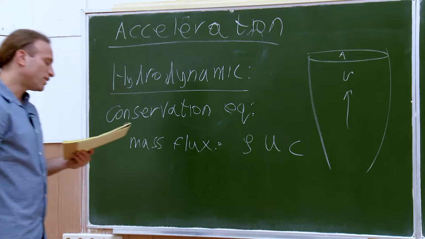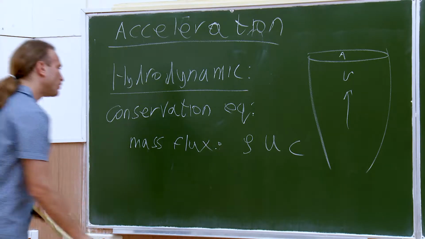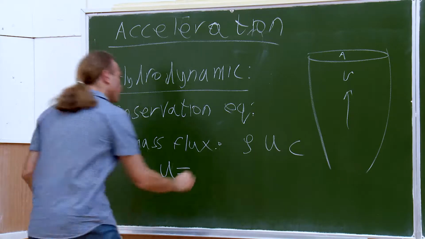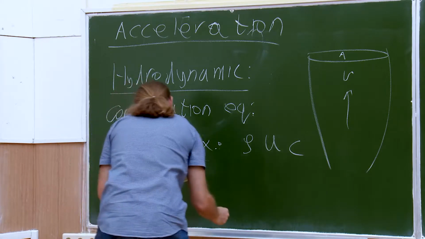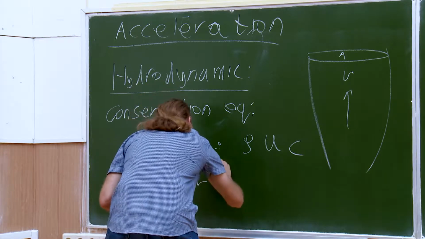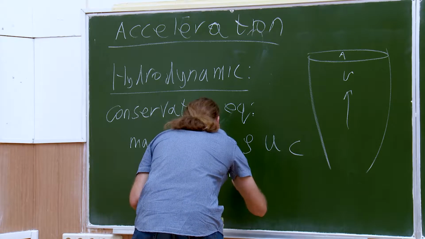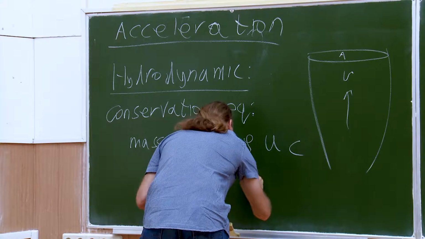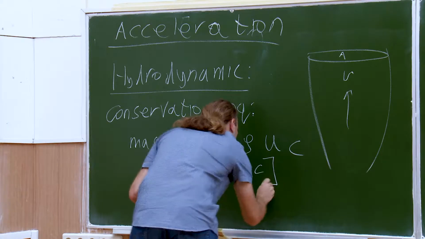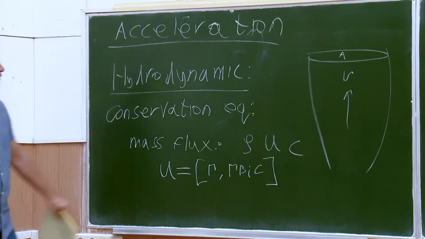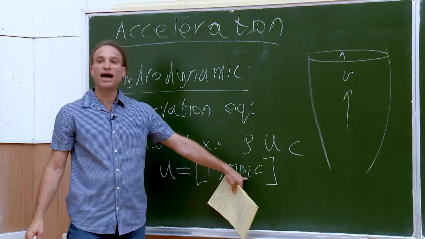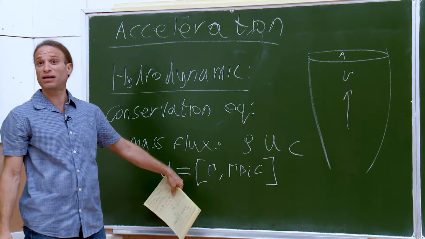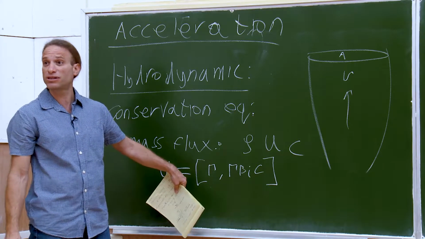And with all this discussion, to remind you, u is the 4 velocity, and it is equal to gamma beta_i c. When I use ijk indexes, it's for 3 velocity. Sometimes I will use the Greek letters, it's for 4 velocities.